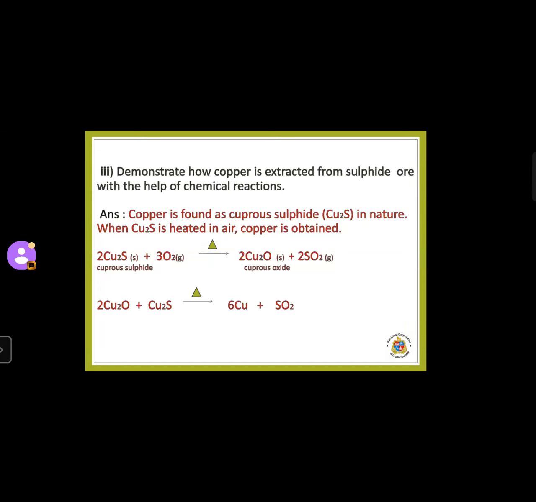So copper, which is found as cuprous sulfide in nature, is obtained when you heat the cuprous sulfide. This is the reaction showing how copper is extracted from the sulfide ore with the help of a chemical reaction.